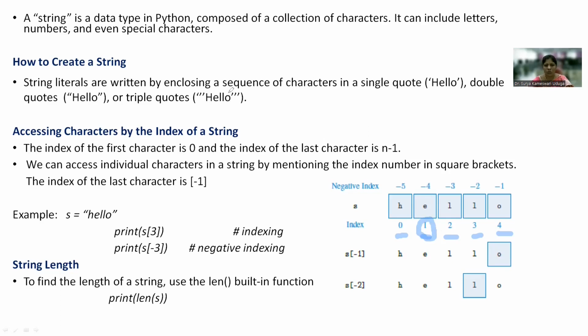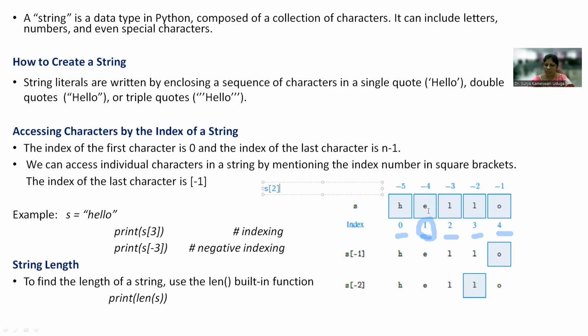To access it, first we use the variable name, and then the brackets. Within the brackets we specify the index number where our required character is stored, so s of 1 represents the character E.